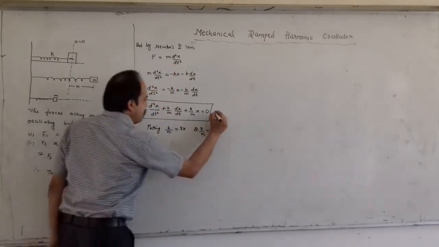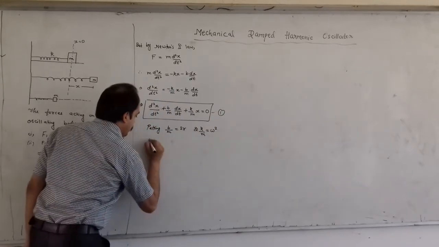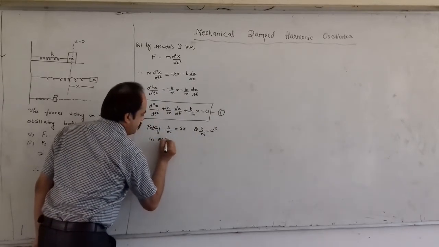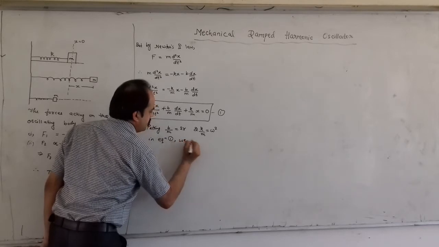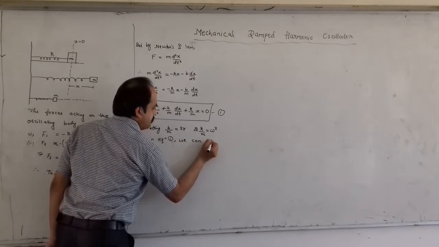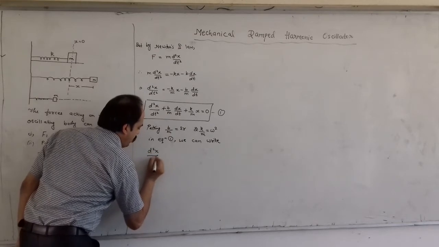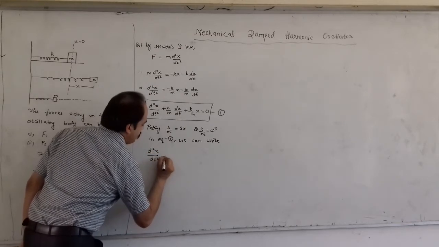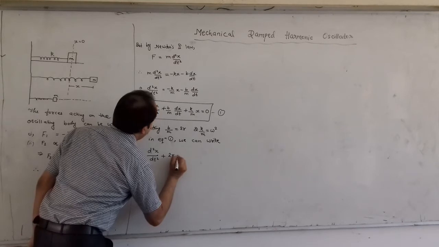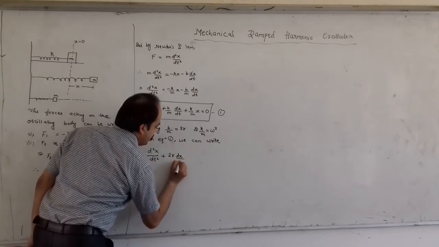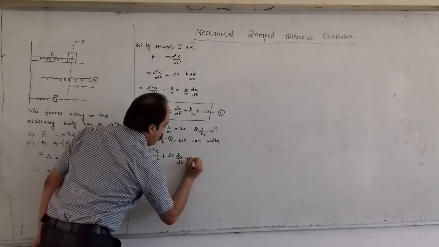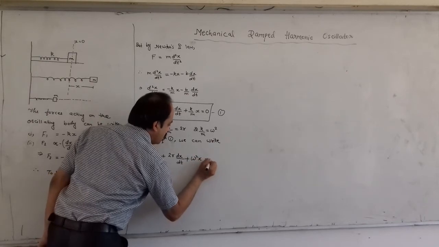So equation 1 becomes d2x upon dt square plus 2r dx by dt plus omega square x is equal to 0.